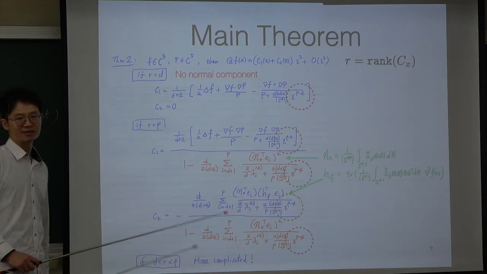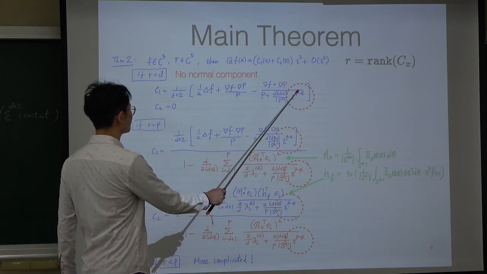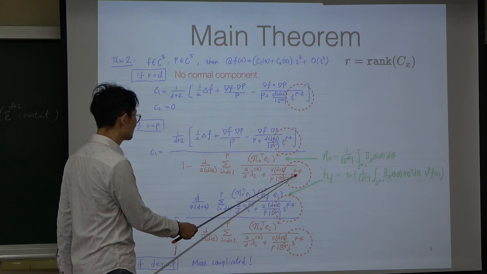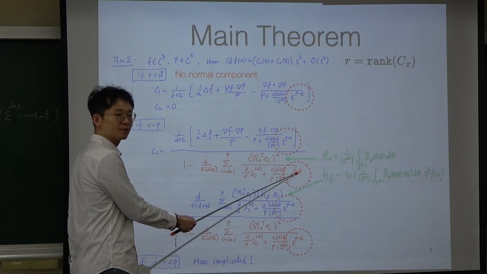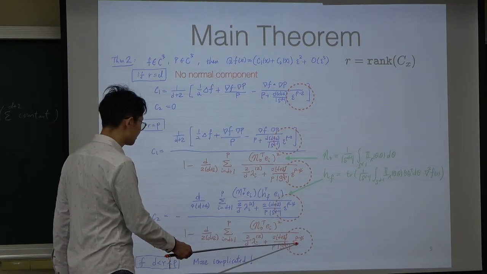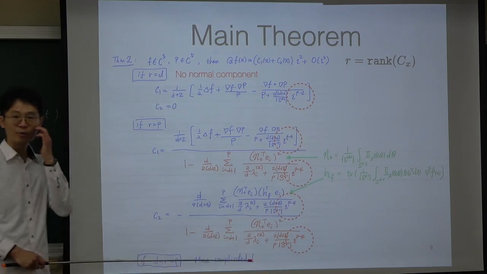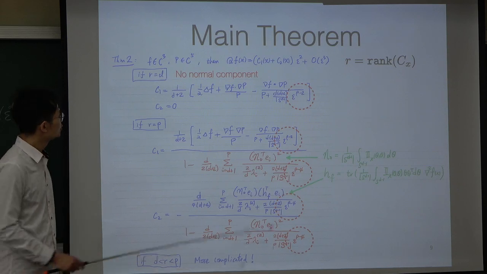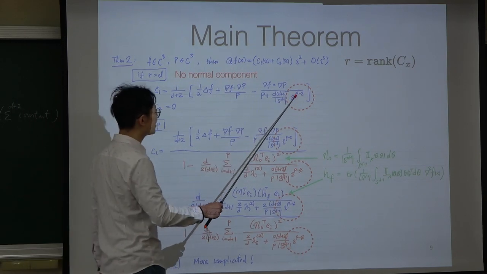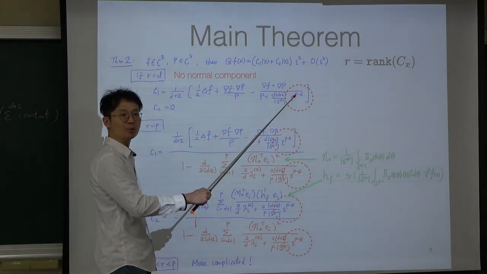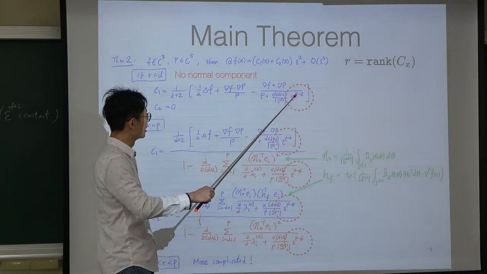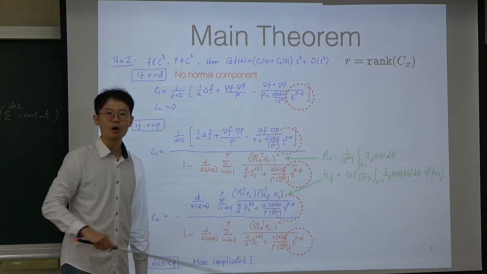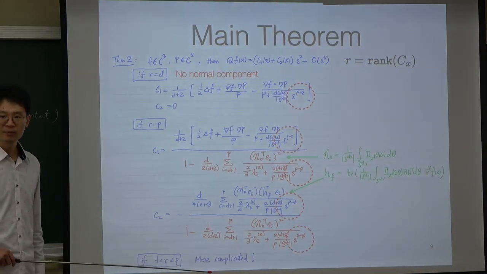The interesting fact is here. You see, this is rho minus 2, rho minus 2, isn't it? And this is rho minus 4, rho minus 4. So what it suggests is the following. Suppose you choose rho to be sufficiently proper, then maybe you can remove all these complicated terms.